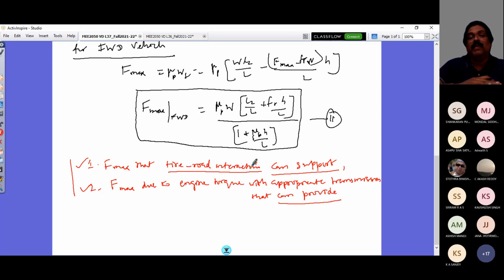I can have full throttle open and the engine can provide maximum tractive effort in first gear, but my gradability is dictated by the surface characteristics.